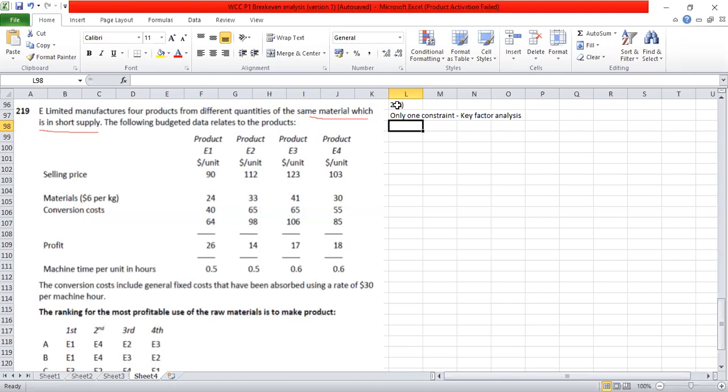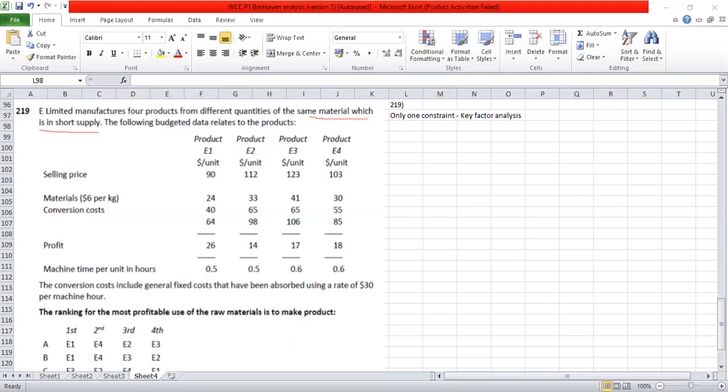The ranking for the most profitable use of the raw material is to make. So how do we do that? First, we have to arrive at what is the contribution margin. Contribution margin is we have the sales revenue minus the variable cost. So first that has to be identified. What is the amount of contribution margin?